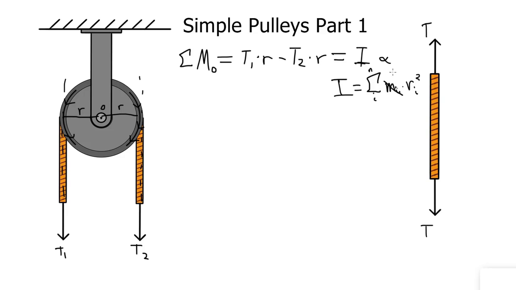If m is 0, then so is I. So if we consider this as 0, then we have T1 times R minus T2 times R equals 0.